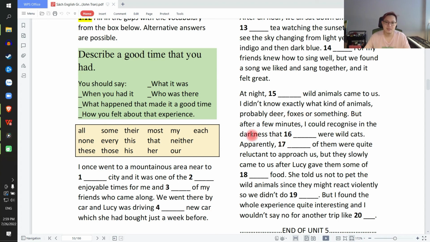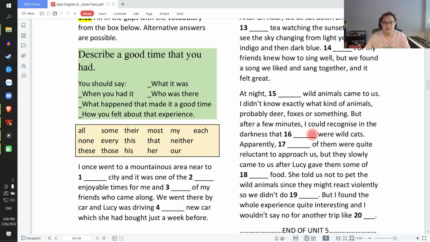But after a few minutes, I could recognize in the darkness that they or these, because we are talking about plural, right? Deer, foxes or something, we're trying to refer to them. It's plural, so it must be they or these.